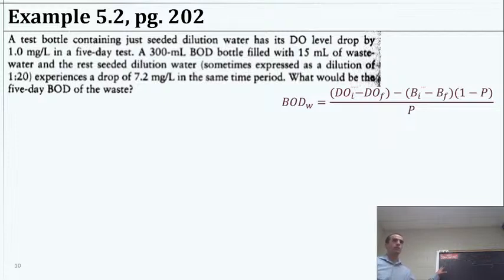I'm going to read it, and then I'm going to write up the information for you all. If you do have a laptop, feel free to check the slides. This is slide 10 of the slides that we were working on last time, or look online even. Okay, it says a test bottle containing just seeded dilution, so we'll say just the seeded, dropped by 1 milligram per liter in a 5-day test.